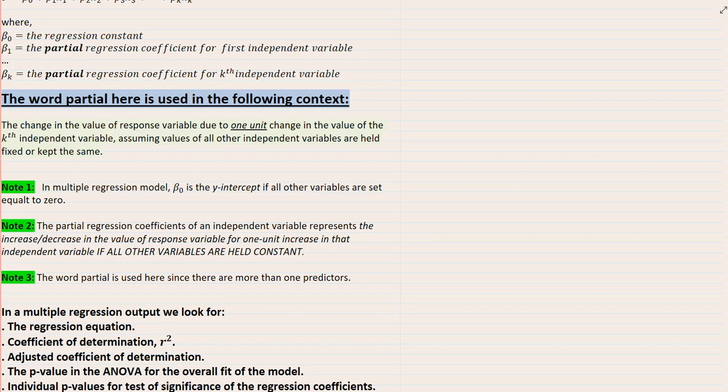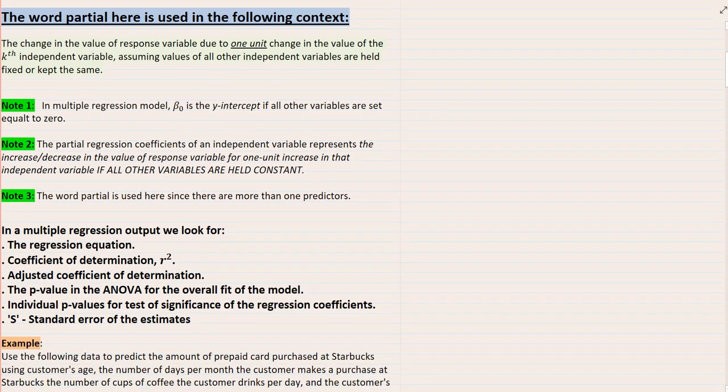So for example, beta sub 2 would be the change in dependent variable y due to x sub 2 if we kept all of the other effects, all of the other independent variables constant. So in other words, we want to look at these coefficients one at a time, keeping everything else constant. And by everything else, I mean keeping the values of other independent variables constant or fixed. Okay, so that's what I have in these notes 1, 2, and 3.